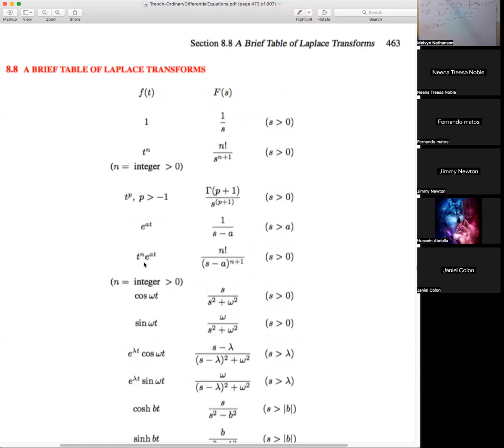Aha. I have t to the n e to the at is n factorial. I have this from the table. Let me just write it down. Let me stop the share.